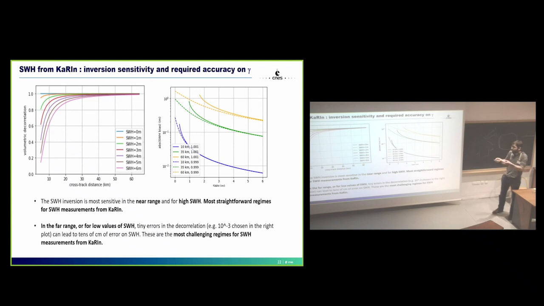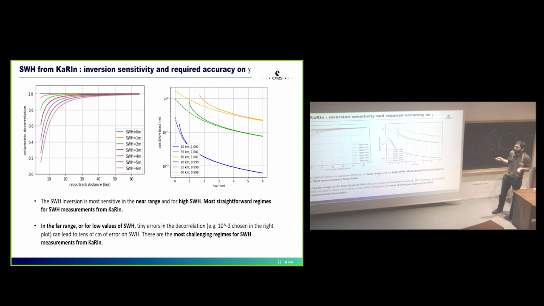But even this tiny number, which I've chosen for a reason, would give you, well, depending on, so the colors are different cross-track distances. And as we already established, in the far range, so large cross-track distances, the decorrelation is very small, and all these curves are bunched together, which means it's going to be very hard.